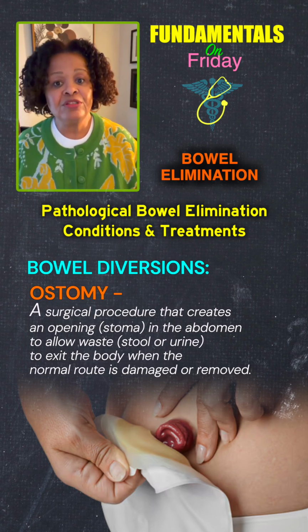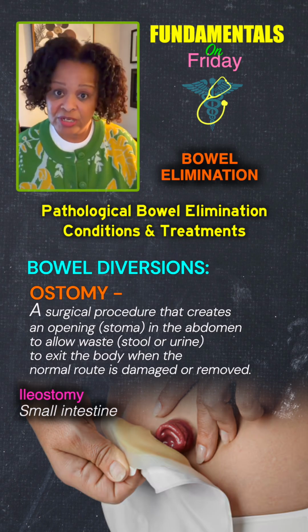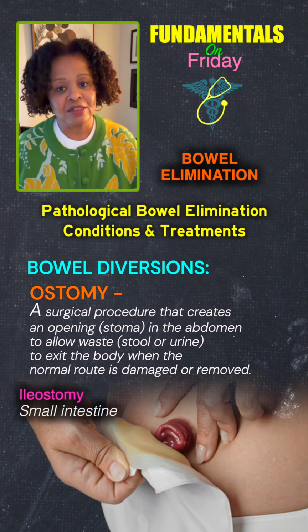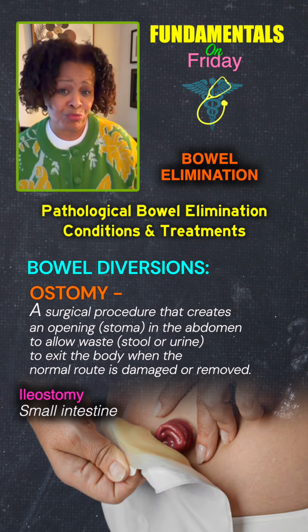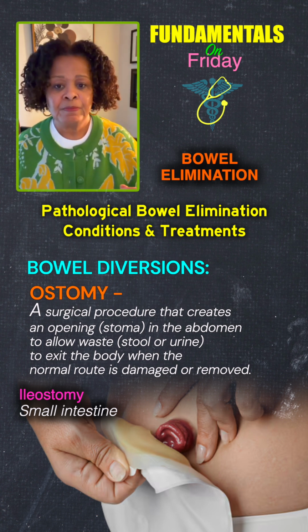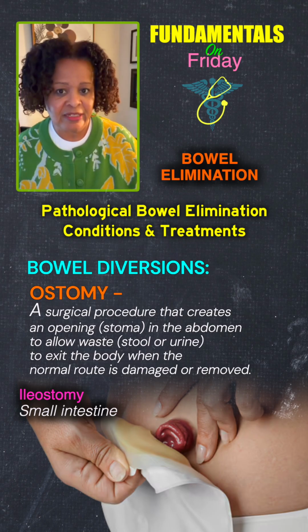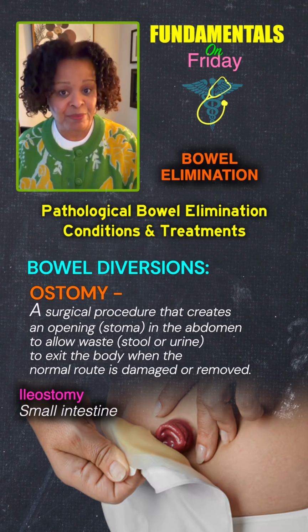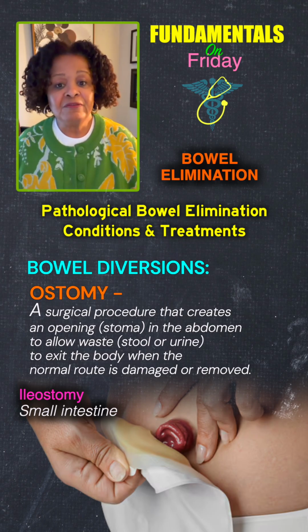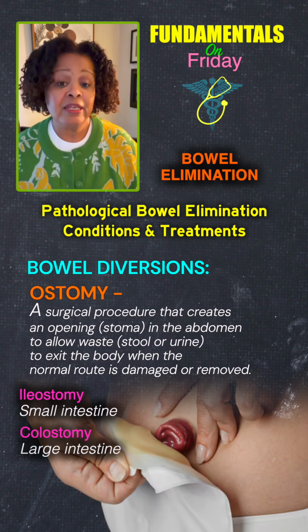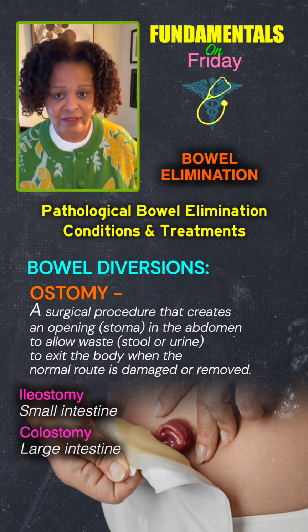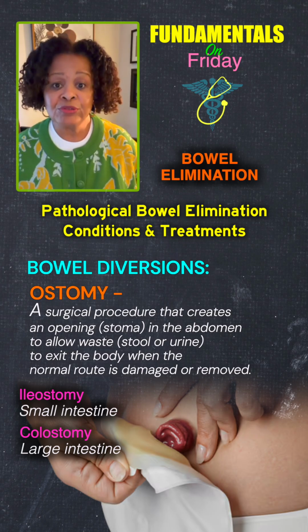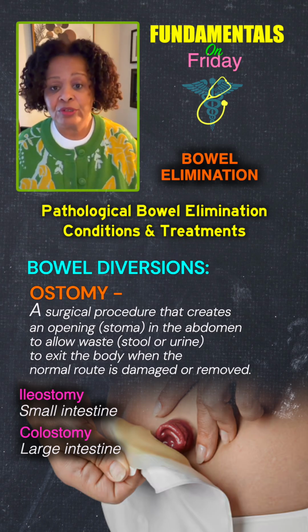Depending on the location of the surgical cut, if it's in the small intestine, it's called an ileostomy. That stool is going to be pretty watery, and that person may have problems with absorption, not being able to retain enough fluid, because we know that's where that process happens in our small intestine. If that person has a cut in the large intestine, especially as it moves further over to the left side of the abdomen, then the stool is typically formed, and it'll go into a pouch.